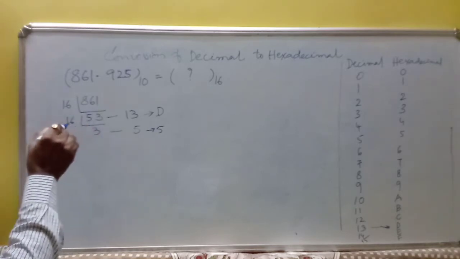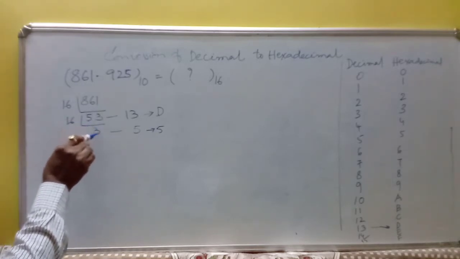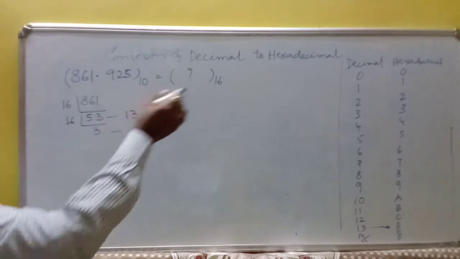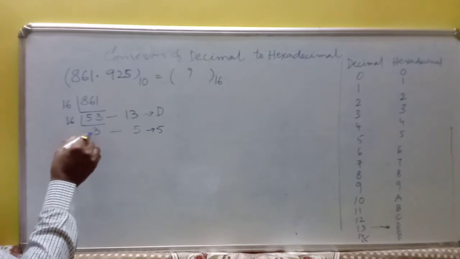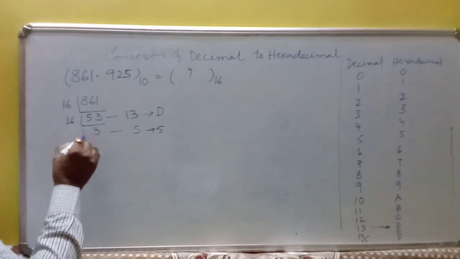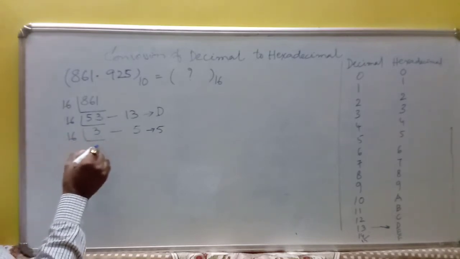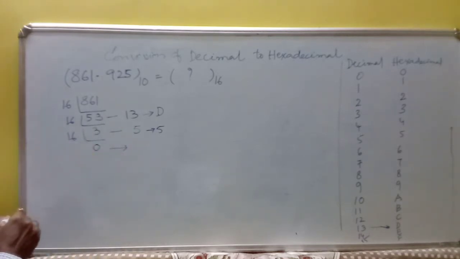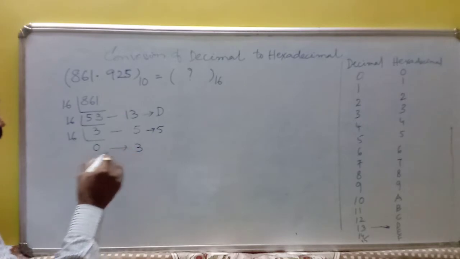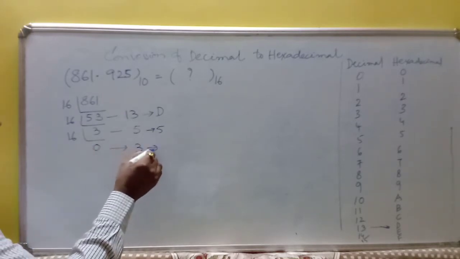Now you have to divide by 16. 16 zeros are 0 and the remainder is 3. That is 3.